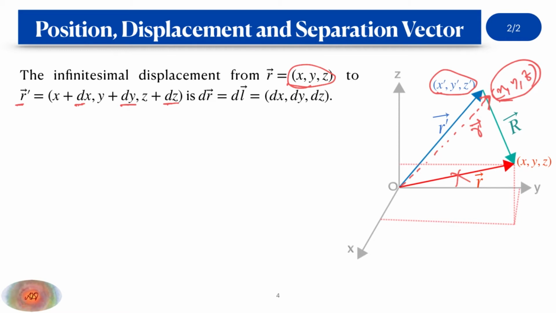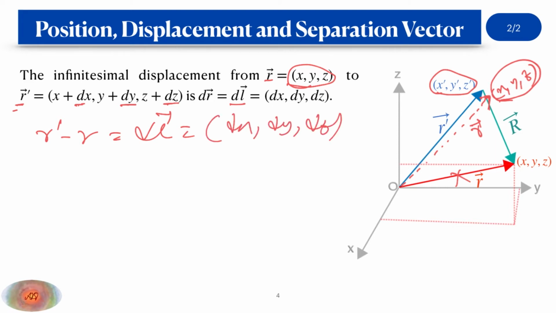So the difference between the field point and source point will be the differential distance, which is also infinitesimal. That can be represented as r dash minus r, and that is dl, which equals dx, dy and dz as shown in this equation.